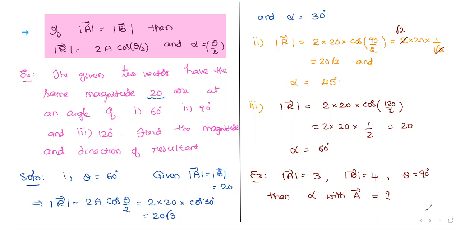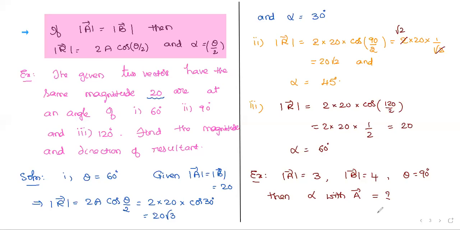So to identify, I am moving to the next page. Recollecting the formula, tan alpha is equal to, he is asking with A bar, B sine theta by A plus B cos theta. Is it correct? Okay. To understand better, first I draw the diagram, a parallelogram. This is A bar and this is B bar, and the angle between them is 90 degrees. Theta equals 90 degrees.